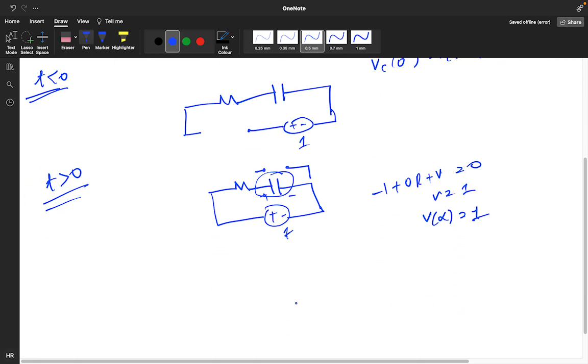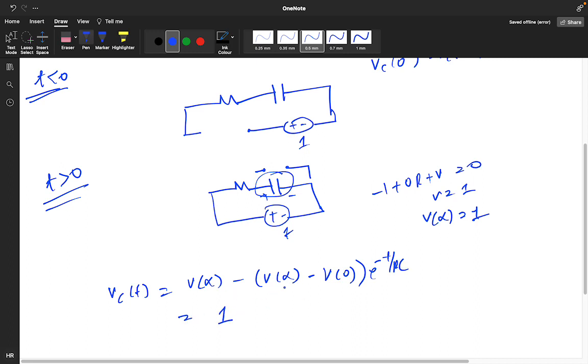Put the value in the equation: Vc(t) equals V(infinity) minus (V(infinity) minus V(0)) e power minus t by RC. V(infinity) is 1, and V(0) is 0. So 1 minus 1 into e power minus t by RC. What equation are you getting? 1 minus e power minus t by RC.